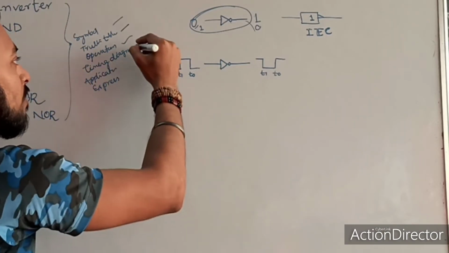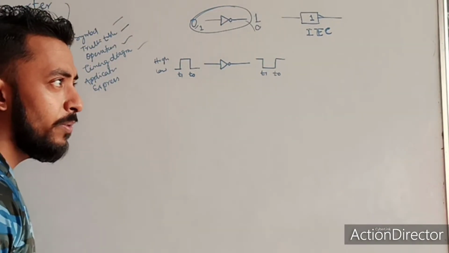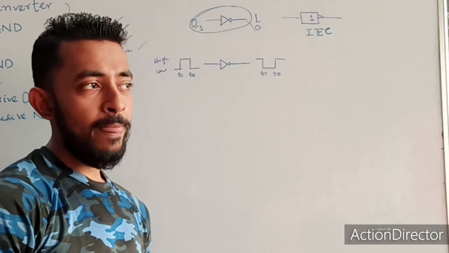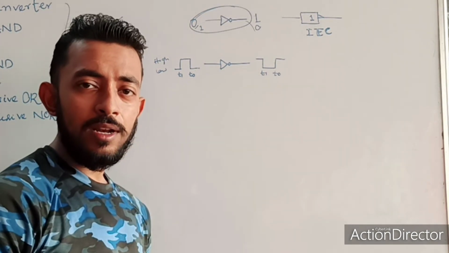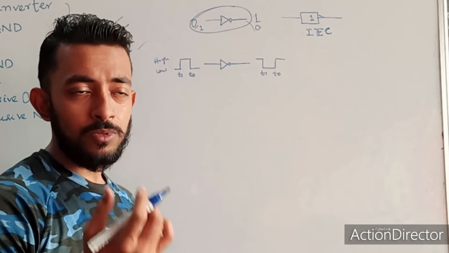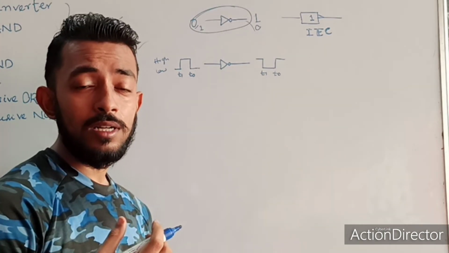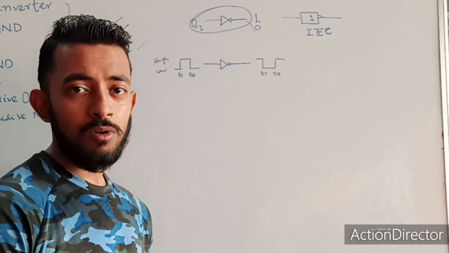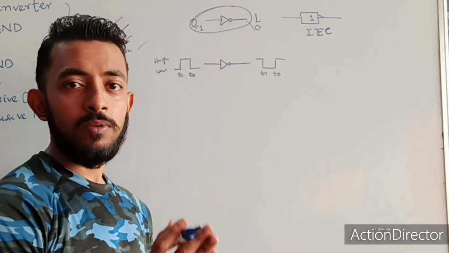Now we'll see the timing diagram. Remember what I told in the last video, what is a timing diagram? A timing diagram gives the relationship between two different waveforms: for which interval both waveforms are high or both are low, or the rising and falling timing.